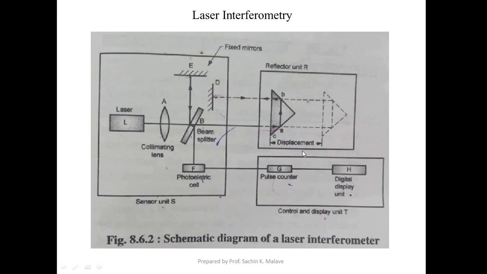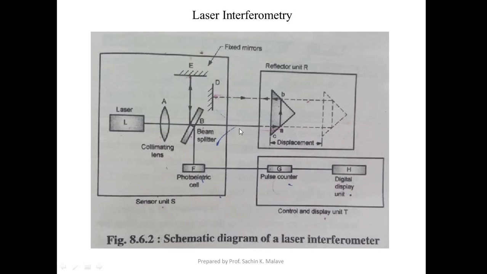This leads to interference. We have already seen that whenever there is a change in path length or path difference, interference will occur, and this happens when the two parts rejoin at the photoelectric cell.